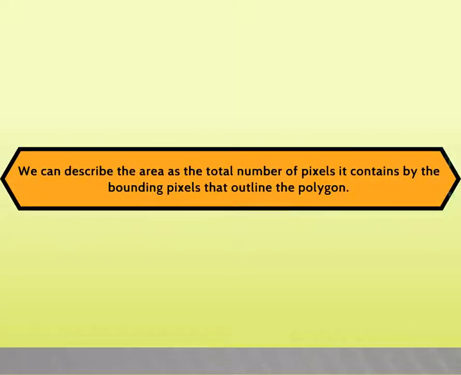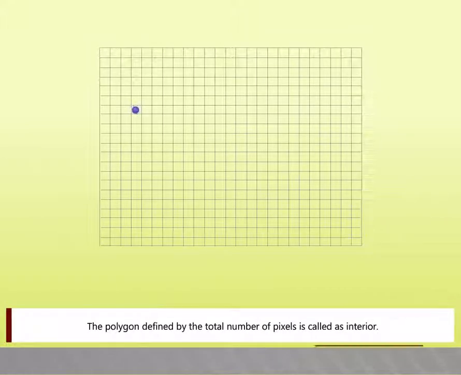We can describe the area as the total number of pixels it contains by the bounding pixels that outline the polygon. The polygon defined by the total number of pixels is called as interior.